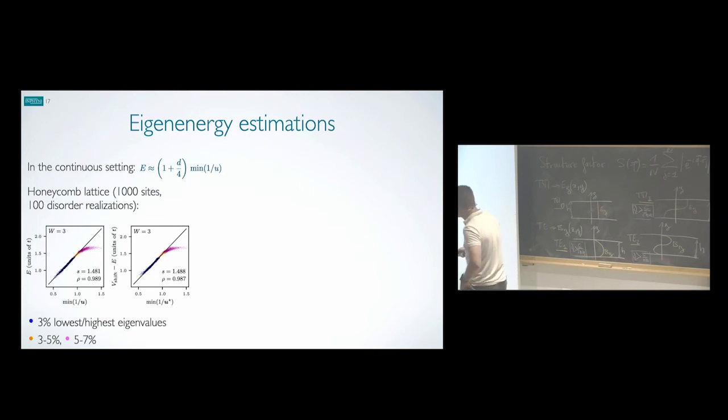And what we see is that for the lowest and the highest, we have a perfect proportionality with a Pearson coefficient very close to 1. So it means that this kind of relation holds, and in this case with the low disorder, the coefficient of proportionality is close to what is expected for the continuous case.